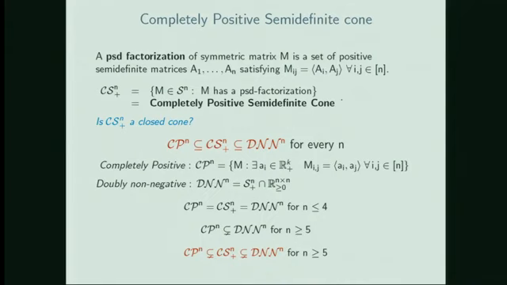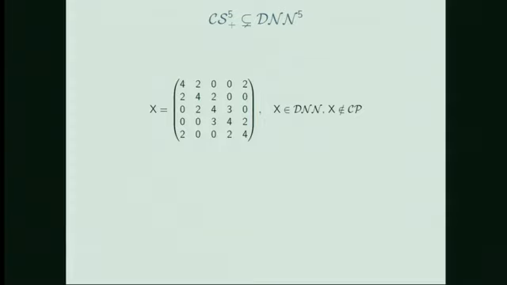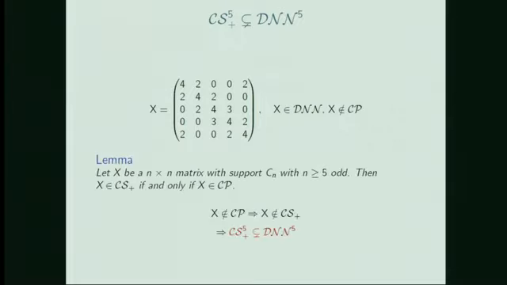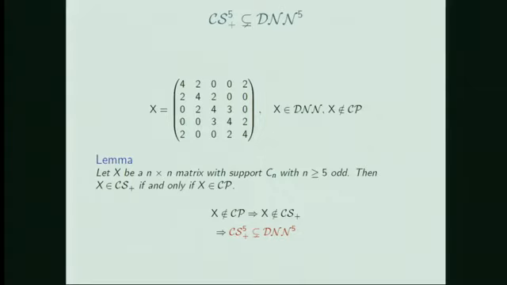I will say two words about what happens for the case n equal to 5. So this is an example of a matrix which is doubly non-negative but not completely positive. And a little lemma we can prove is that for an n by n matrix which has support the n-cycle, you can think of it as a matrix where the only non-zero entries are the diagonal one and the first off-diagonal one.